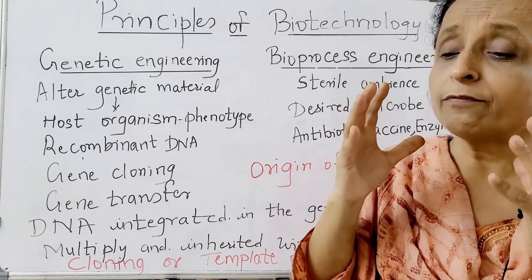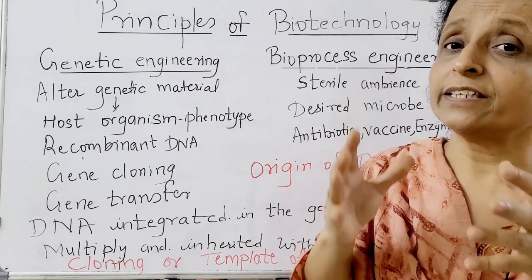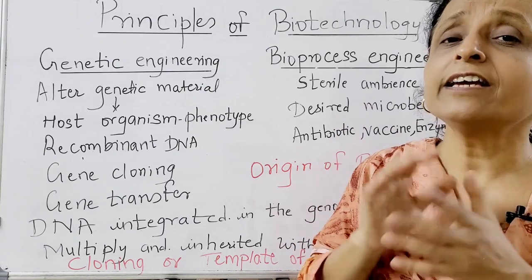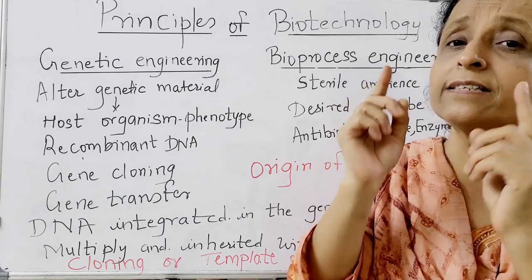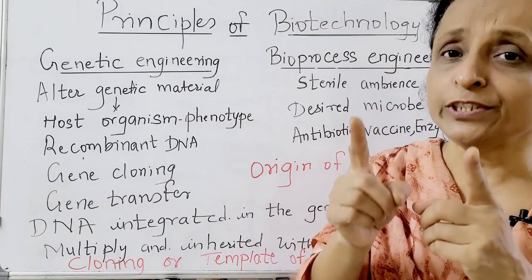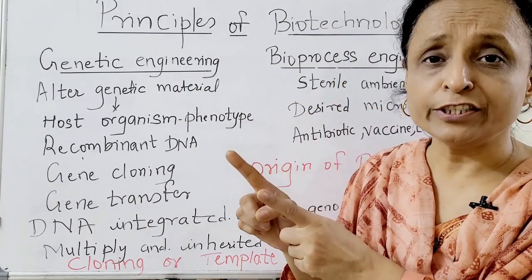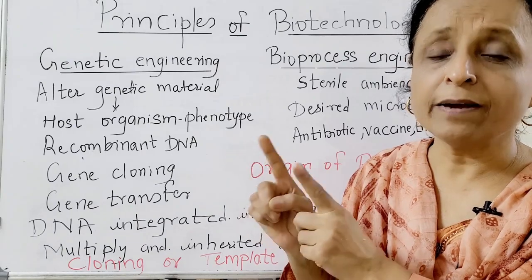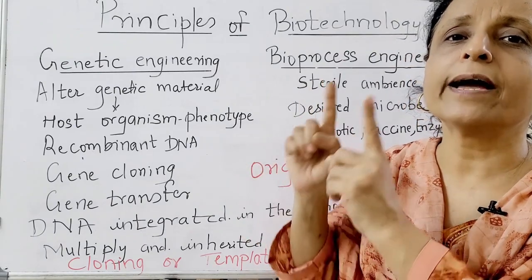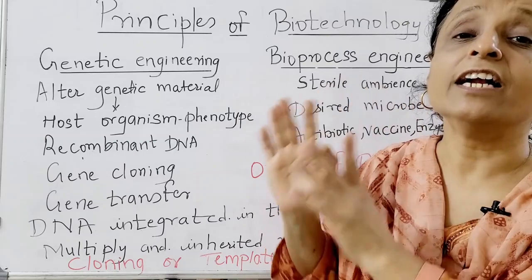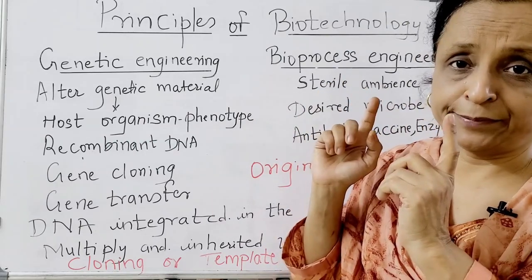Now, what the genetic scientists have done is create the desirable character genes, transfer those genes into the organism and create a phenotype which does not have undesirable characters.